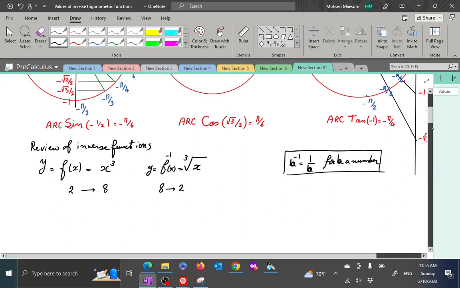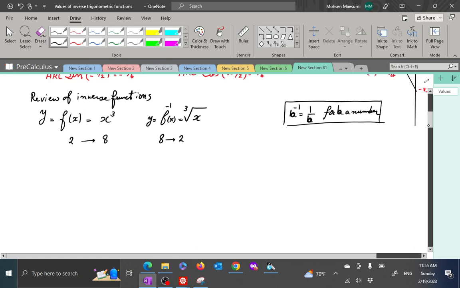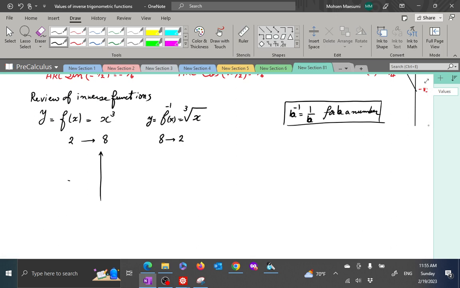Next up, what do the graph of a function and its inverse look like when they are compared to each other? Well, if 2 gives 8, like 2 gives 8 is a point, if this is 2 and that is 8, and the inverse of it, if you start with 8, it gives you 2, so it is going to be more or less a point like this.